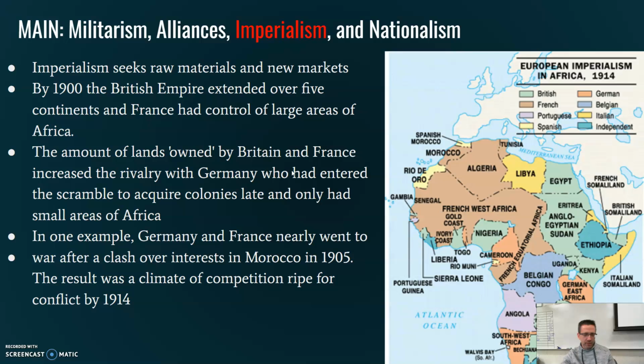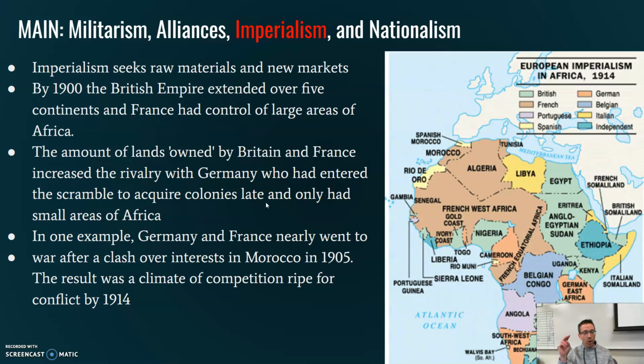Imperialism. Okay, this is one we already hit on, so it shouldn't be too foreign to you. It should be very, very familiar. So remember, imperialism, you're seeking materials and markets. And because of that, Europe was looking for markets and materials all over Africa. And by 1900, the British Empire extended over 5 continents, and France had control over many areas in Africa.